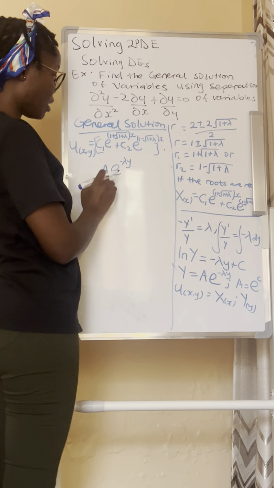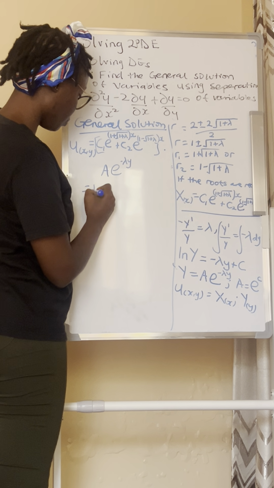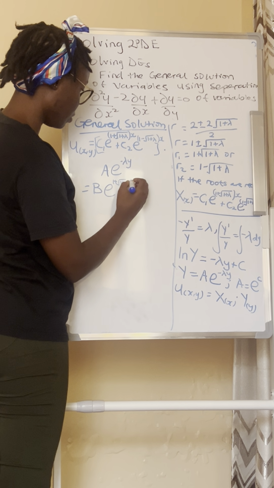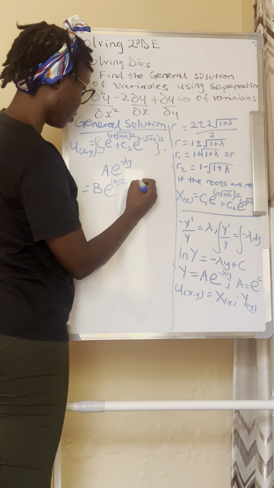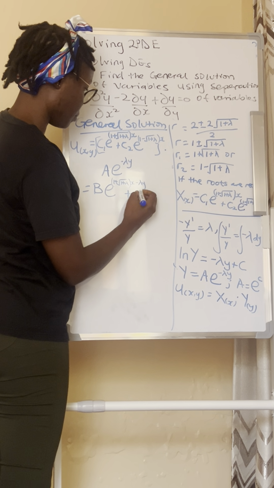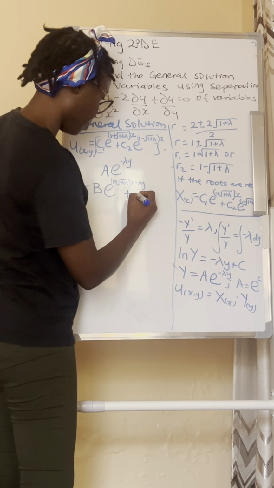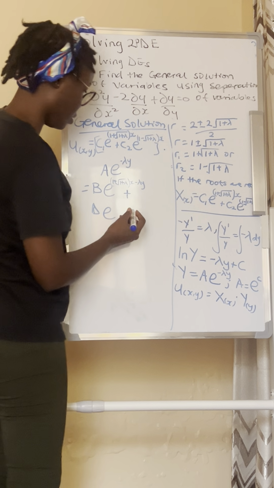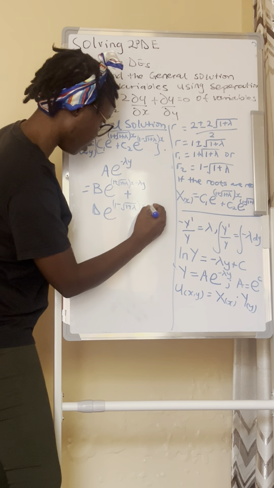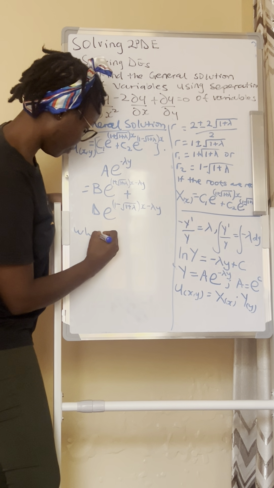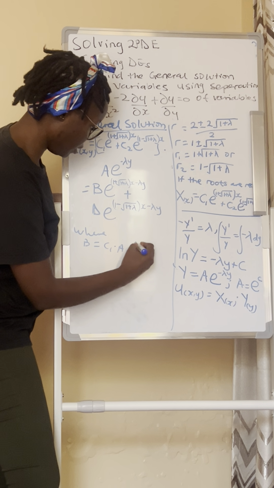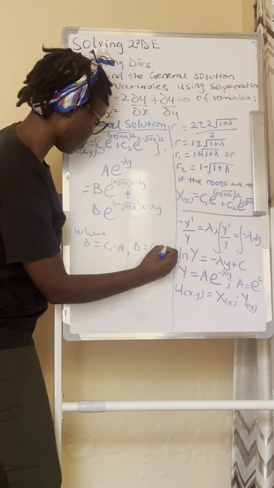Okay. So when we multiply through, we'll get b e^((1 plus root of 1 plus lambda) x minus lambda y) plus d e^((1 minus root of 1 plus lambda) x minus lambda y), where b is c1 times a and d is c2 times a.